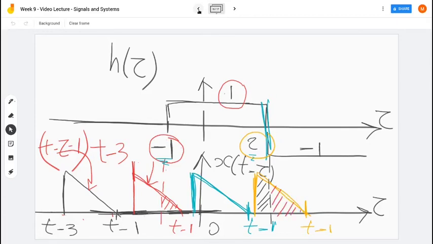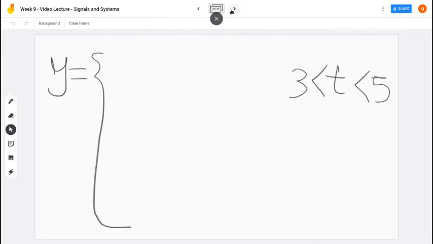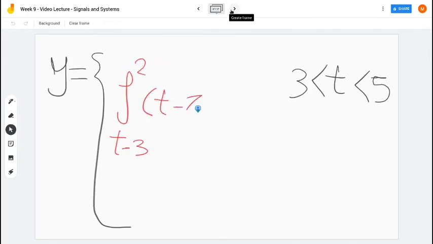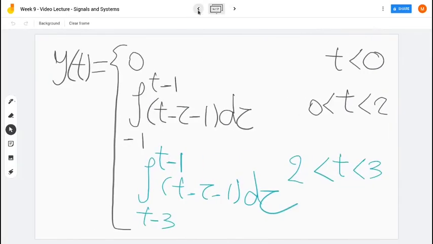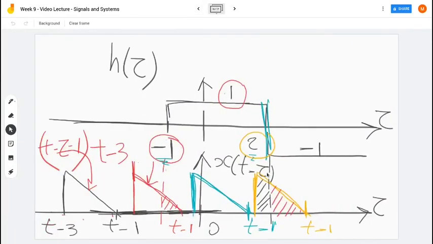So let's try to write it down. The first integration from t minus 3 up to 2, and the function we are integrating is t minus tau minus 1 d tau, plus the next interval, starting at 2 up to t minus 1.